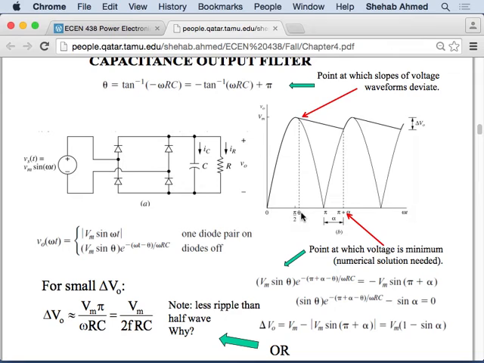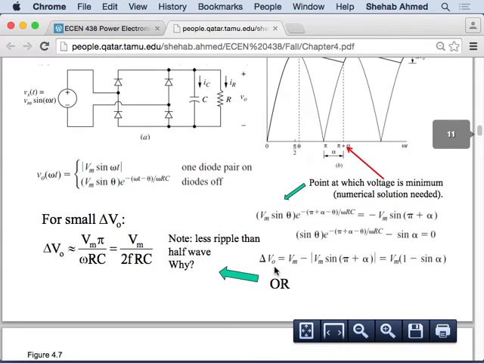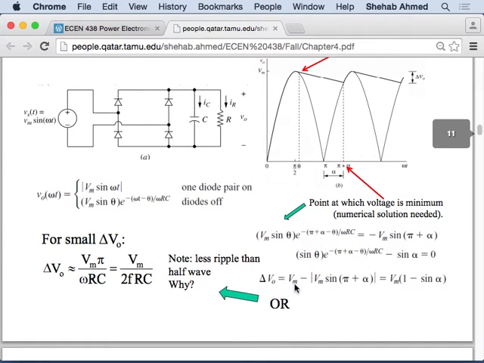If I would like to exactly calculate my ripple, it's the difference between my maximum value and my minimum value, which in this case is this point. So the equation for that is this: delta V is equal to V maximum minus the absolute value of my sine wave, because I don't have the negative portion, since the full wave rectifier has flipped the sine wave.